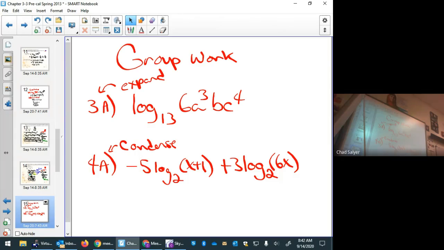Yeah, log base 13 of 6, log base 13 of A cubed, and then log base 13 of B. B should be the next one. Yeah. Now use your power property to bring out any exponents.